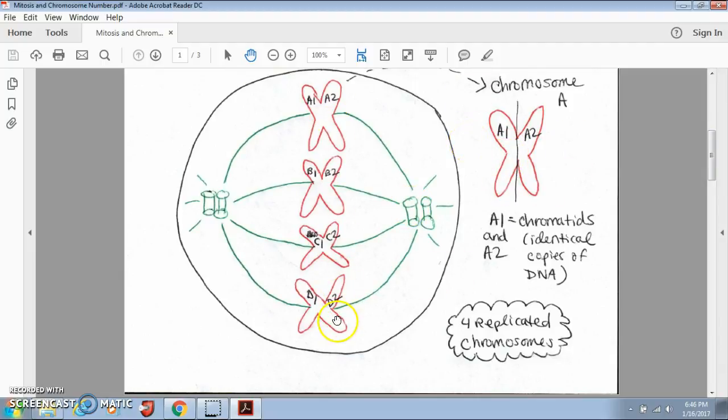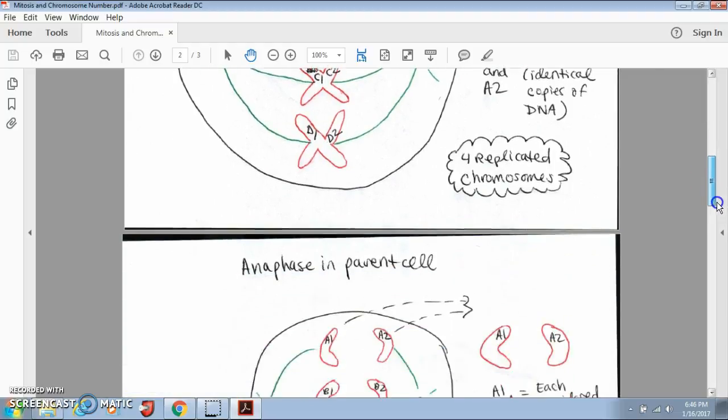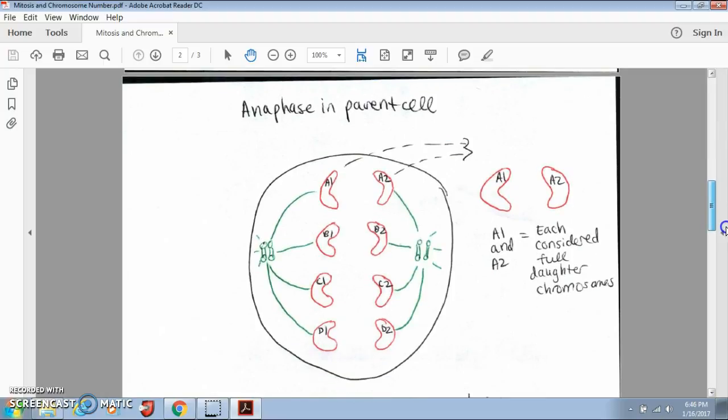So we're starting out with 4 chromosomes, and we would say that they're replicated, which means they have 2 copies of DNA, the 2 chromatids. So they're lining up at the center, and they are connected to the spindle fibers. The next thing that has to happen is anaphase in our parent cell.